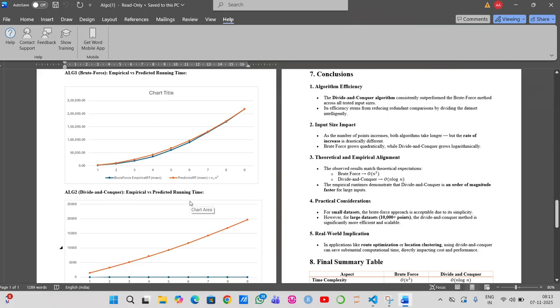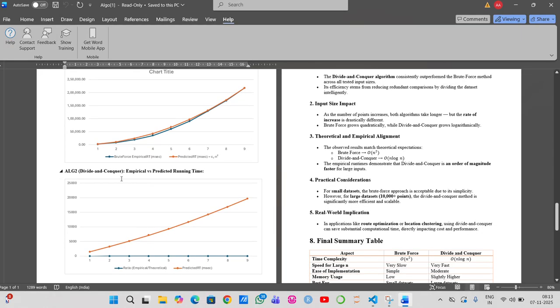The divide and conquer, however, increases much more gently and aligns closely with its predicted n log n curve. Finally, the combined graph clearly shows the performance gap widening as n increases.